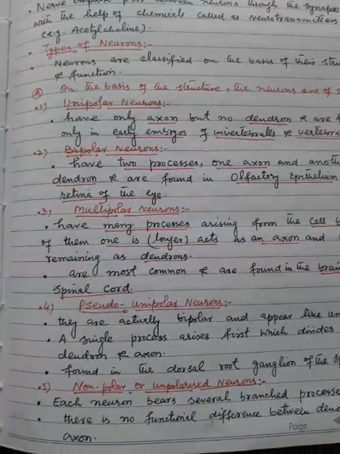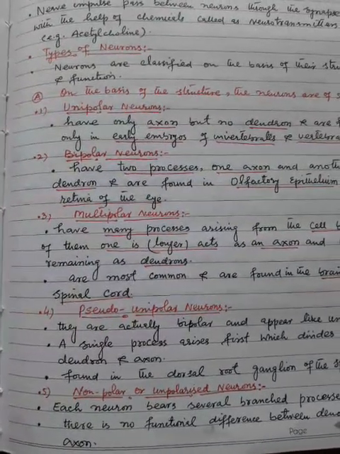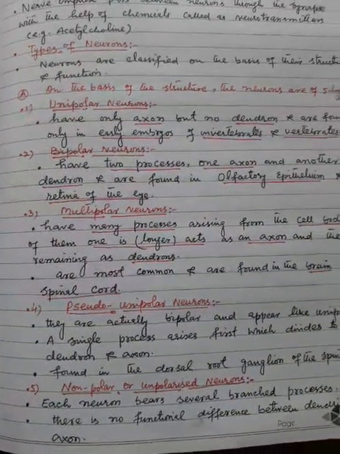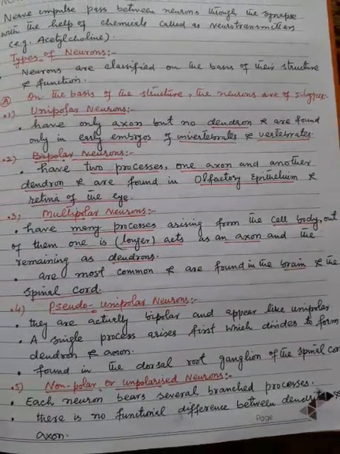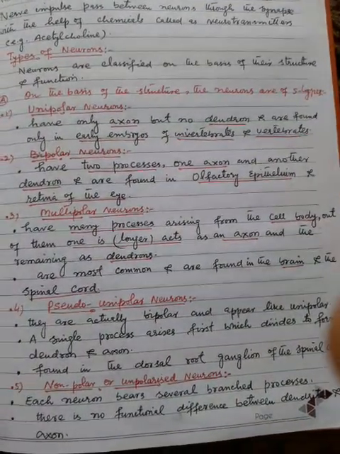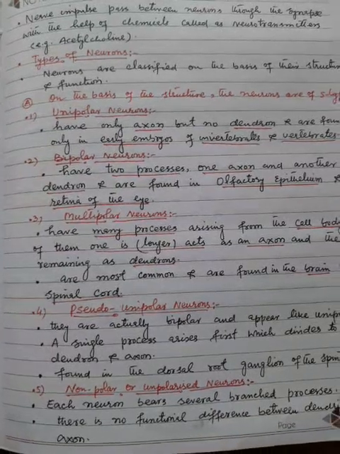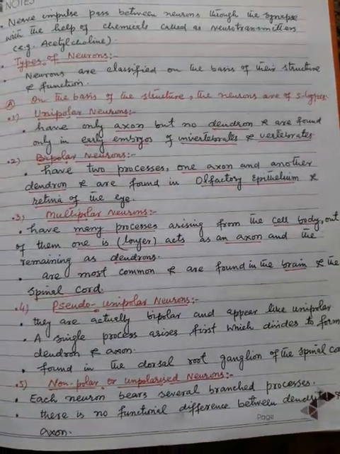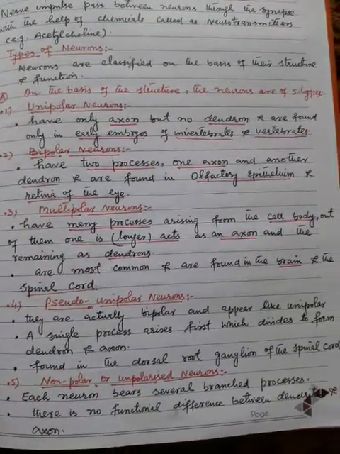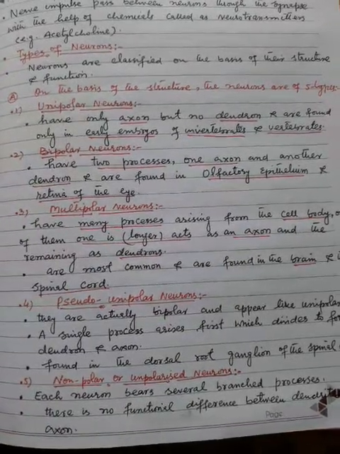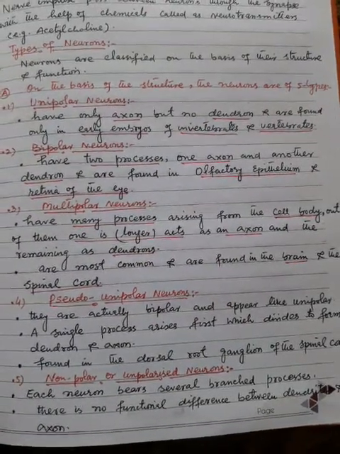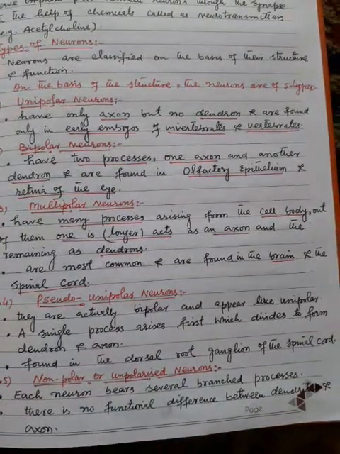Number 4 type is pseudounipolar neurons. They are actually bipolar and appear like unipolar. A single process arises first, which divides to form dendron and axon. Pseudounipolar neurons are found in the dorsal root ganglion of the spinal cord.